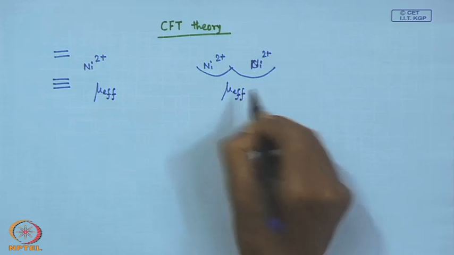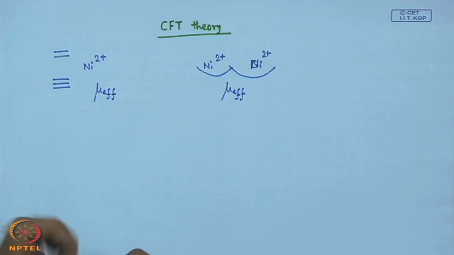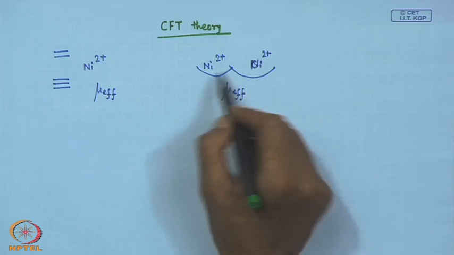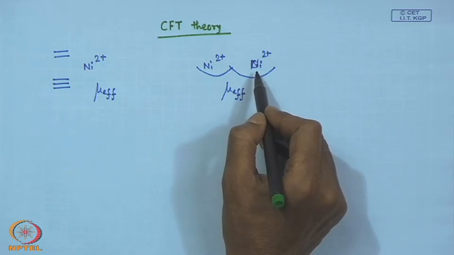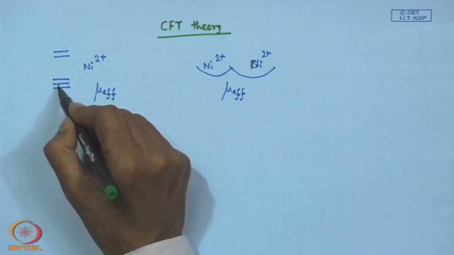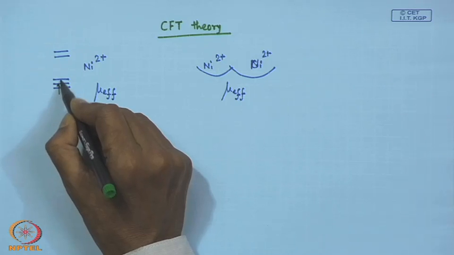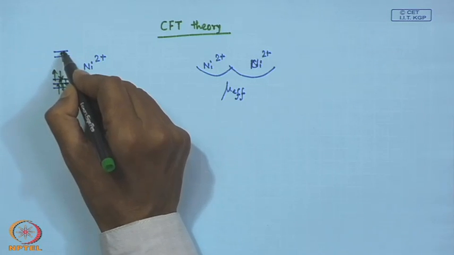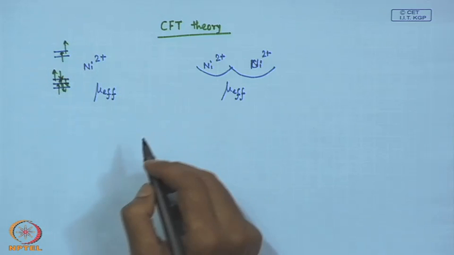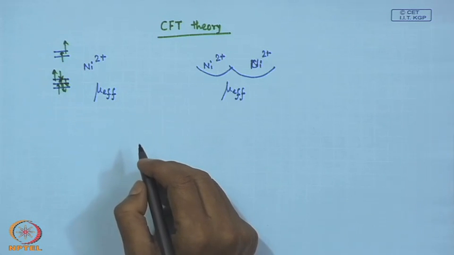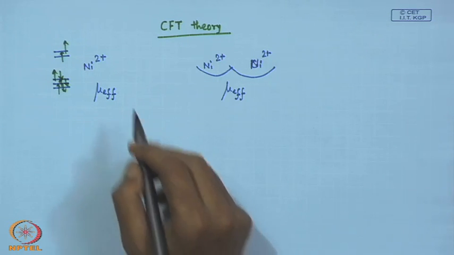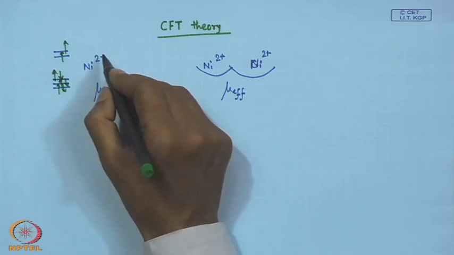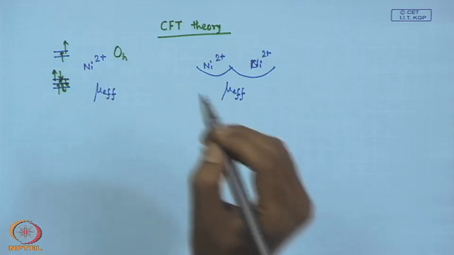And we just try to look at how these two paramagnetic centers, obviously these two nickel centers, are paramagnetic in nature, because we have 8 electrons giving 2 unpaired electrons in the Eg level, and the corresponding splitting for this nickel in octahedral geometry.